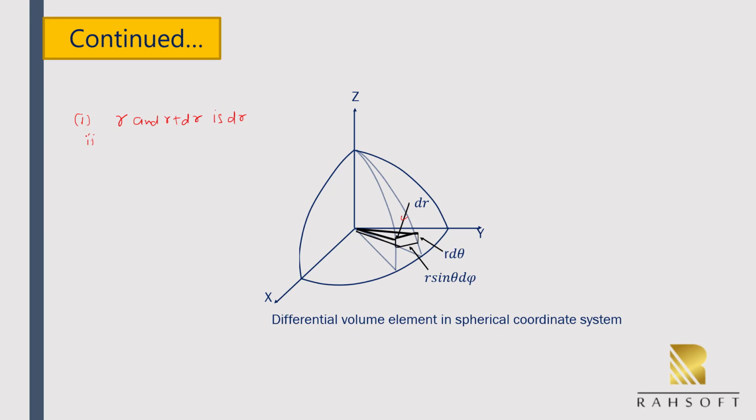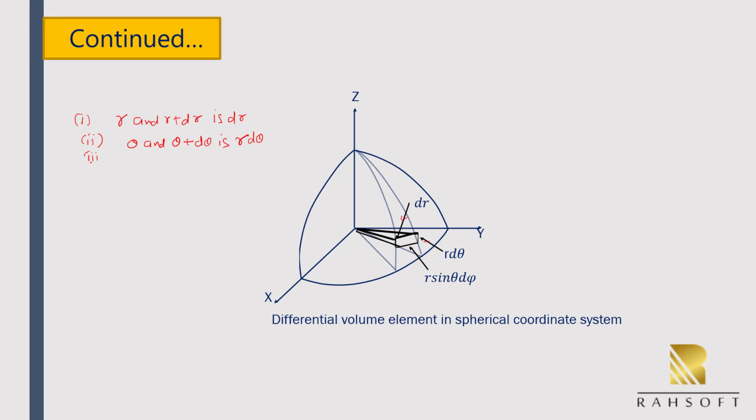The second thing is the distance between two cones generated by angles theta and theta plus d theta is r d theta. You can see here, this is r d theta.